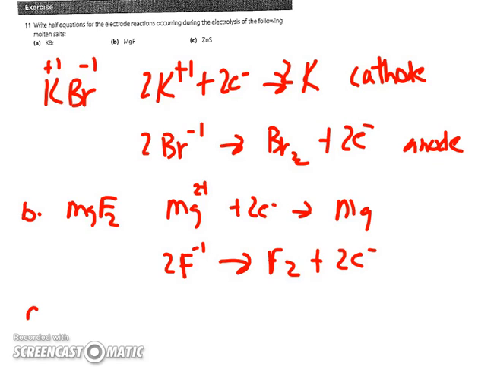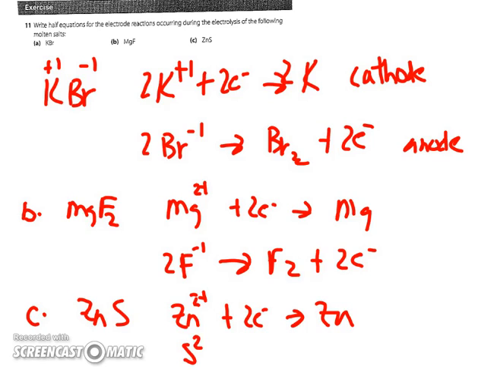And then C, to finish up here, you have ZnS. So zinc is going to start with a +2, pick up 2 electrons to become zinc metal, whereas sulfur is going to start as a -2, become sulfur, plus 2 electrons here.